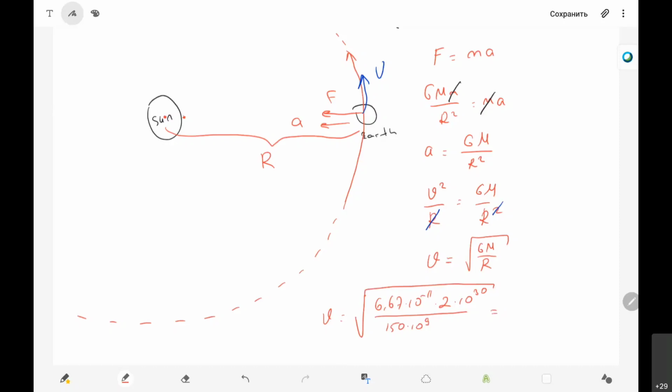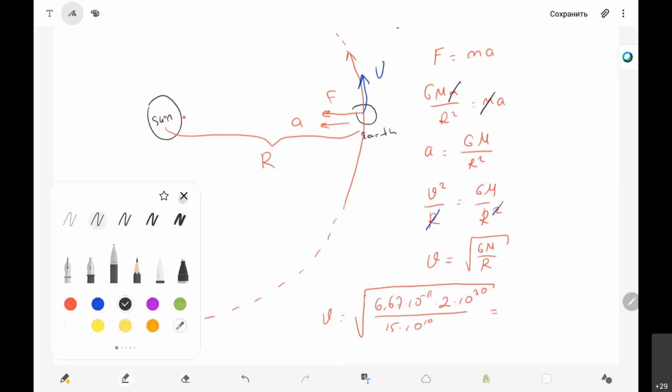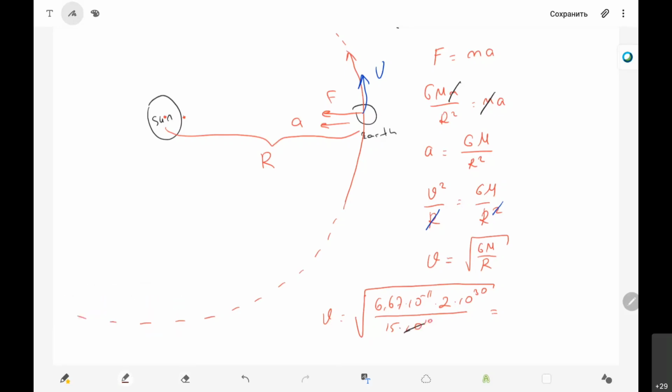So from here, what will we get? Let me write it this way. Let me write here 10 to the power of 10. Here we have power 20, here minus 11, so 19. So 6.67 times 2 divided by 15, times 10 to the power of 9.